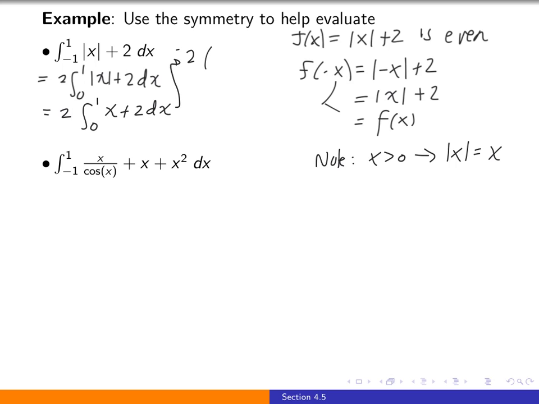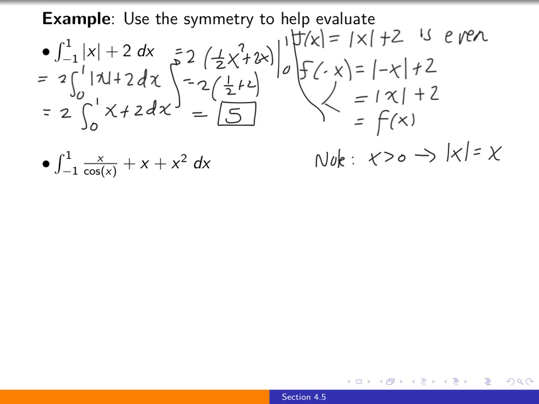An antiderivative of x plus 2 will be 1/2 x squared plus 2x, and we evaluate from 0 to 1. So we plug in 1, put a minus sign, and we plug in 0. And when we plug in 0, we get back 0. So we're going to end up with 2 times 5/2, which is the number 5.